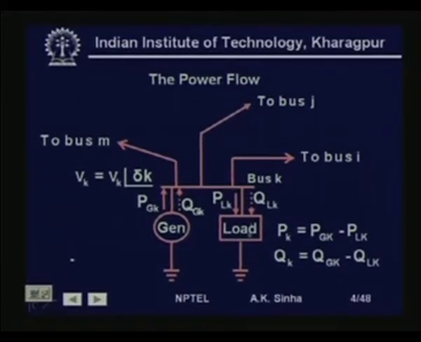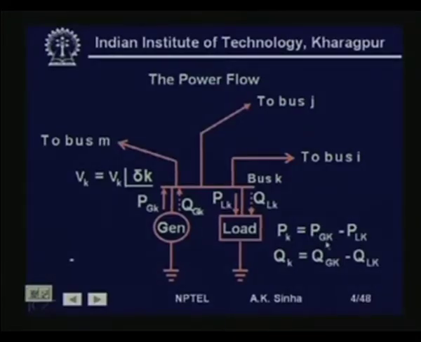And at this node, we have generation as well as load. So, we can combine these two and find out a real power and reactive power injection at the bus. We say real power injection is equal to the real power generation minus the real power load at that bus. Similarly, reactive power injection is the reactive power generation minus the reactive power load at that bus.